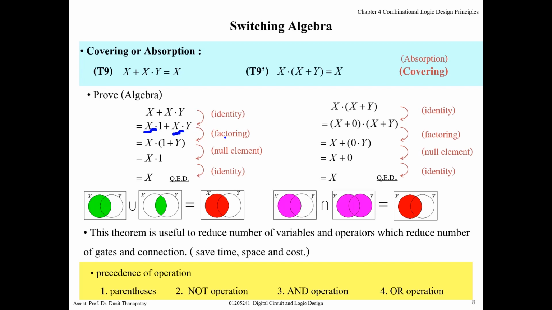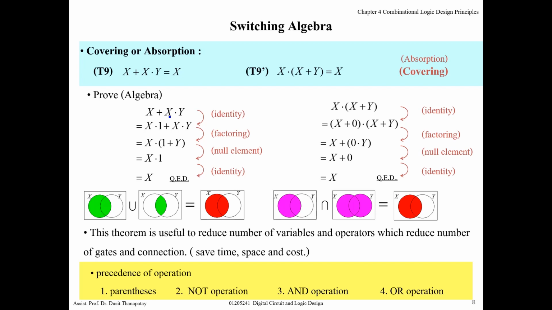So we do factoring. So x and, moving outside this term, 1 plus y. So 1 plus y is 1, right? Now the element 1 and x is x. Identity. So we can prove by using switching algebra also.